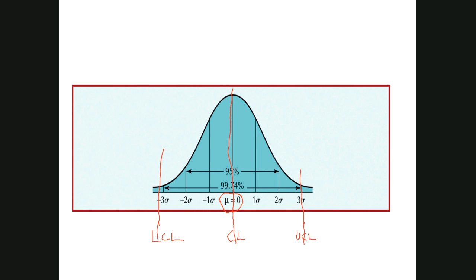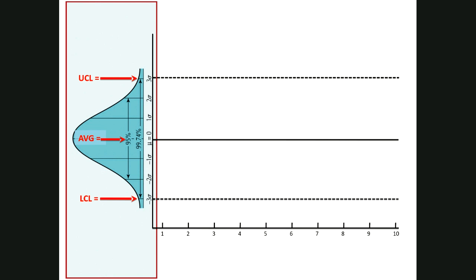And then from there, we're going to take this normal distribution, and if you will, we're going to rotate it. We're going to rotate it 90 degrees counterclockwise. And that's what we'll see on the next slide. And here's our rotated distribution.